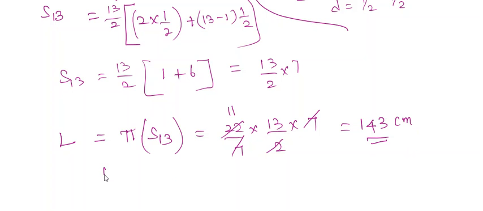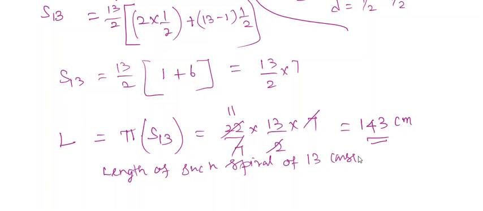You have to write the length of such a spiral of 13 consecutive semicircles is equal to 143 centimeter. So likewise you have to proceed. Do you understand this sum? Right.